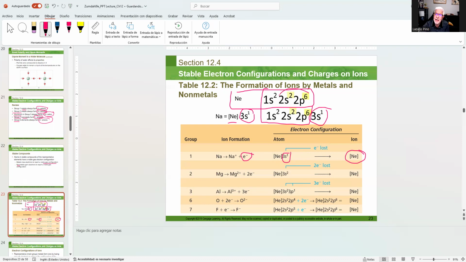Because they have 8 electrons in the outermost shell. That is the most stable configuration in the periodic table. Magnesium, the same way, but as magnesium has 2 valence electrons, magnesium prefers to lose the 2 electrons and make a cation and get then the noble gas configuration that is more stable, and so on.